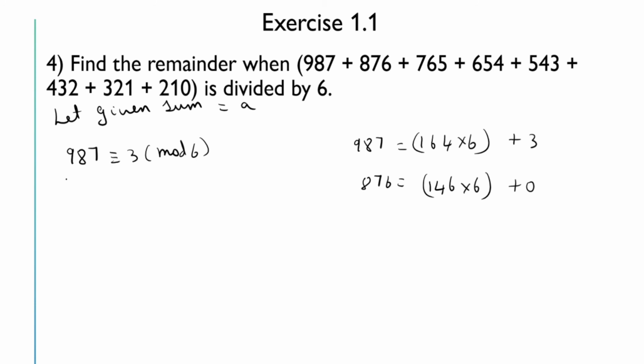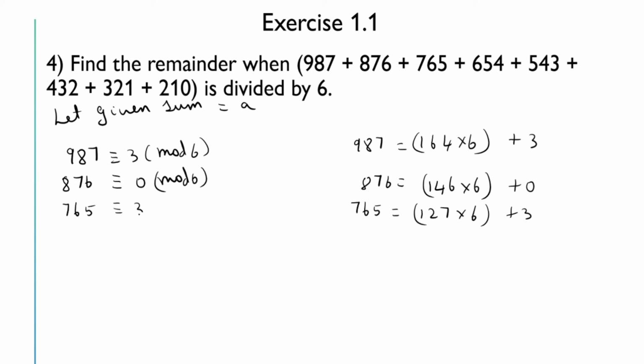So we have 876 congruent to 0 mod 6. The next number is 765. Now when we divide 765 by 6, we get the quotient as 127 and the remainder as 3. So 765 congruent to 3 mod 6.